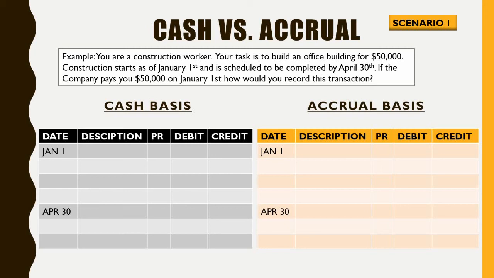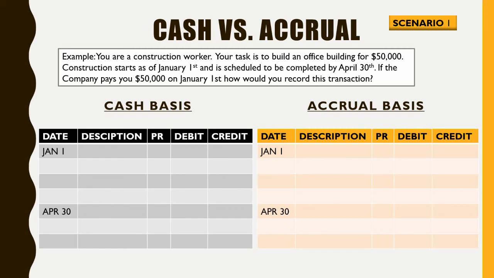The construction is to start as of January 1st and is scheduled to be completed by April 30th, okay? And if the company pays you $50,000 as of January 1st, how would you record this transaction?